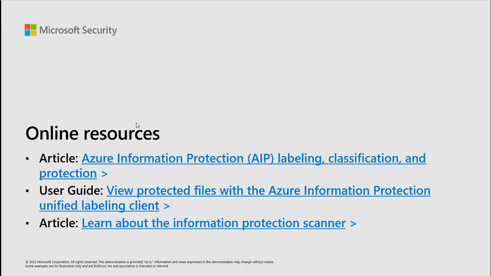Again, this is just a summary of what it would take to run a scanner on-prem. But I think it's useful to understand that, yes, you can protect files with sensitivity labels outside the Microsoft 365 content, including the on-prem repositories.